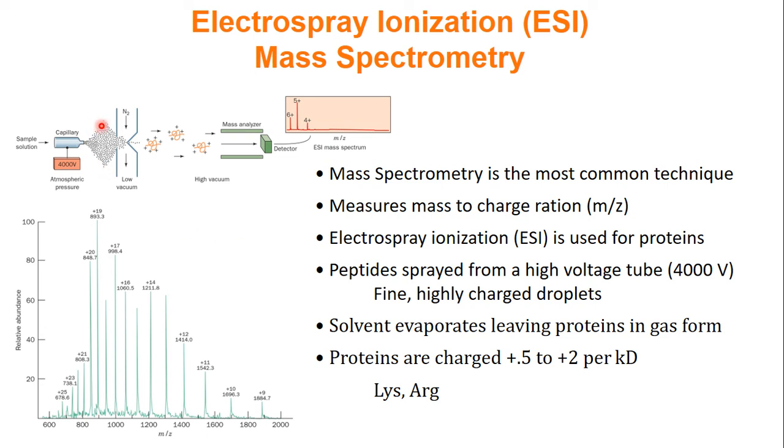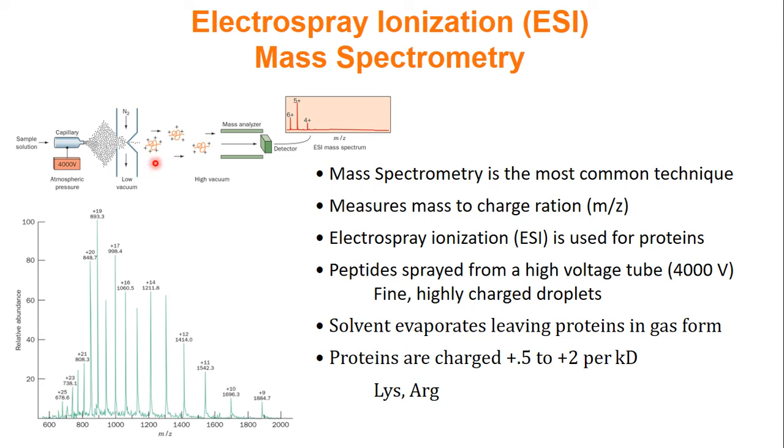What happens is that you turn your peptides into charged droplets, almost like when you sneeze out little droplets. Same idea here, but with proteins. Then you have it go through this vacuum and you can evaporate the solvent and you're just left with charged proteins.